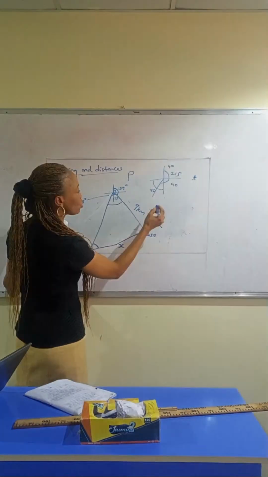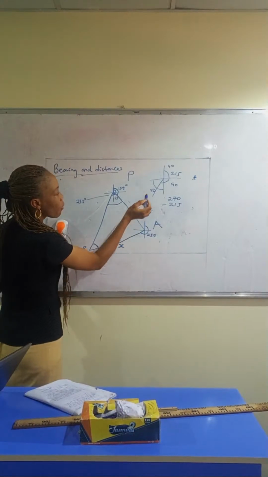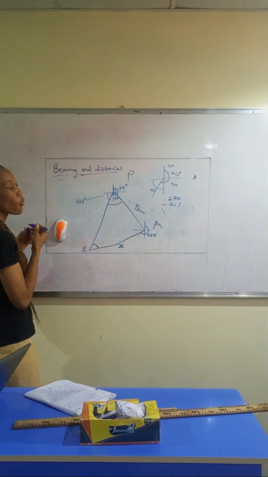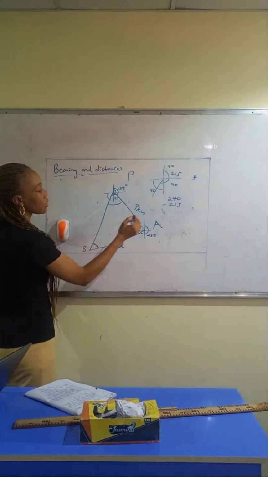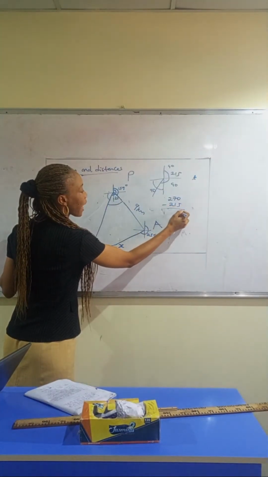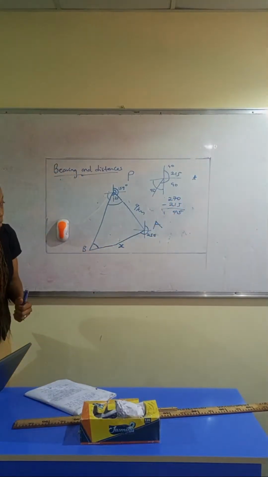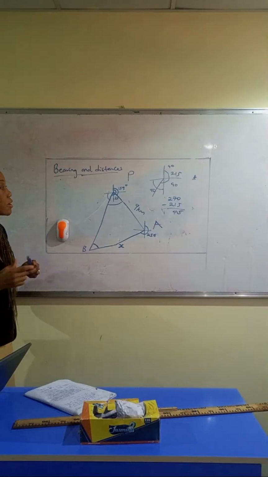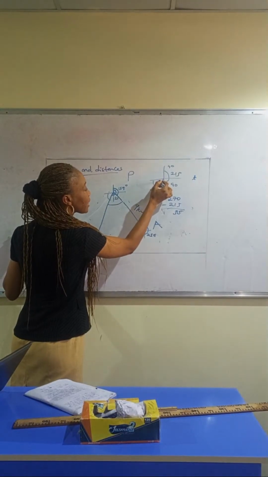So what we are going to do is we'll say 270 minus 215, so that we'll get this remaining part that will complete it to be 270. 270 minus 215 will give us 55. So we have 55 here. It then means that this angle here is 55.